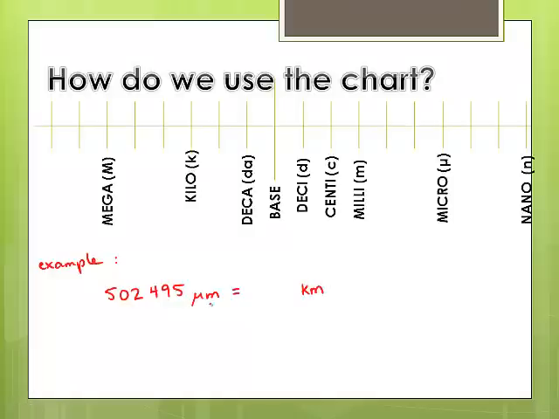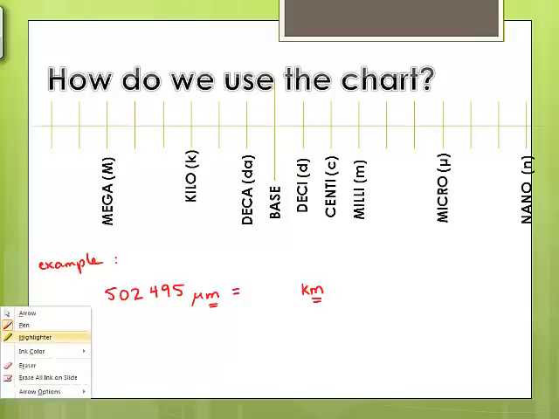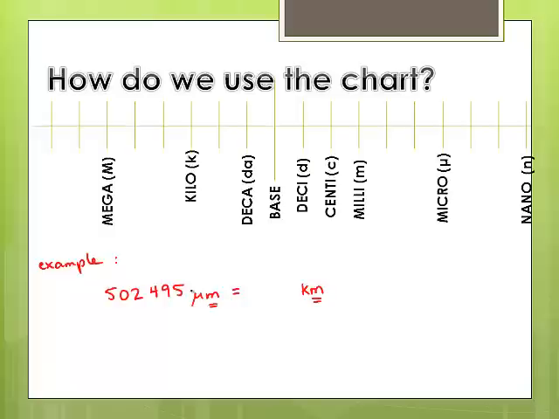Notice that the unit that you're measuring has to be the same. It's only the prefix that changes. What we would do is look at where we start on the chart compared to where it's asking us to end up. So we're going to start right here at the micro unit, because that's what we've got to start with, and the end position is the kilo unit.